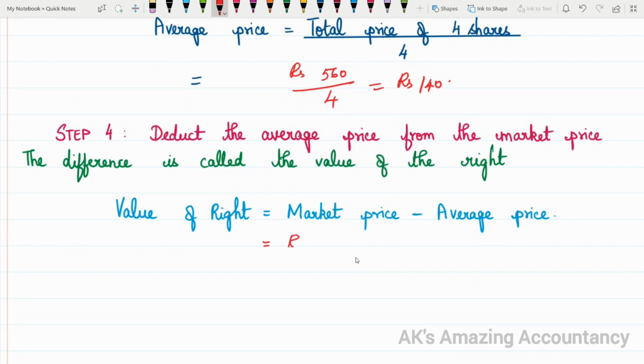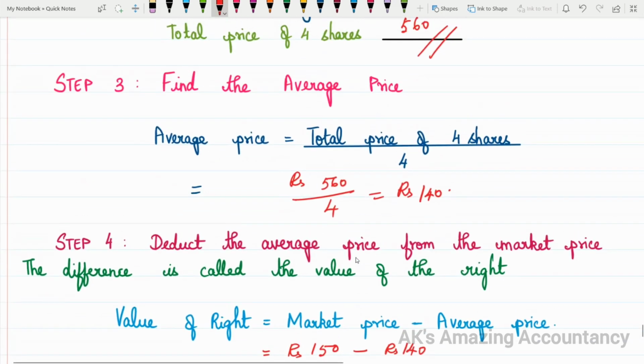The market price is 150, and the average price which we found out is rupees 140. So the value of right will be rupees 10. So what will be the value of right? The value of right will be rupees 10. So this is how you have to find out the value of right.